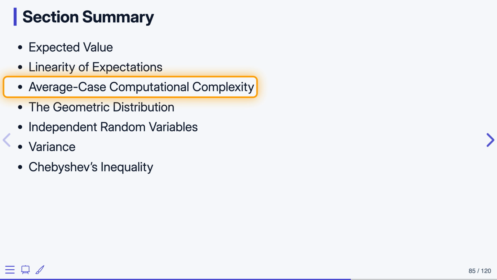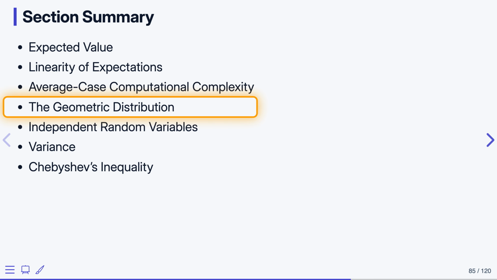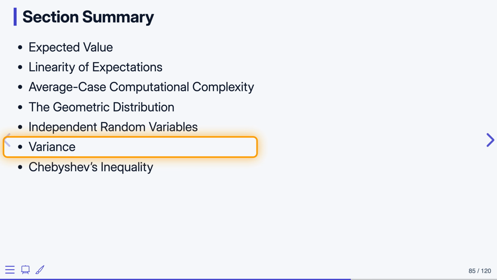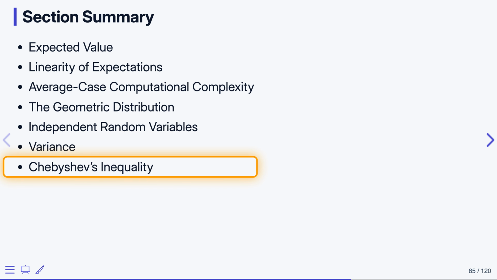Then we use expectation to find the average case running time of algorithms. Next, the geometric distribution. Then independent random variables. Then variance. And finally, Chebyshev's inequality, which bounds how often a random variable strays far from its mean.